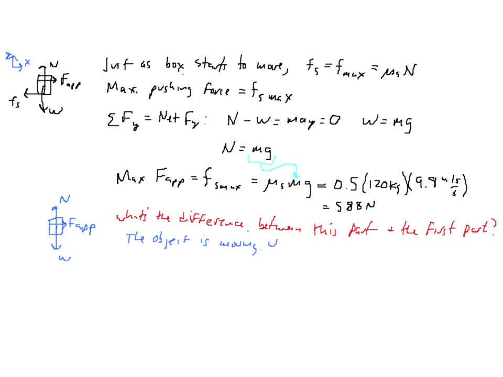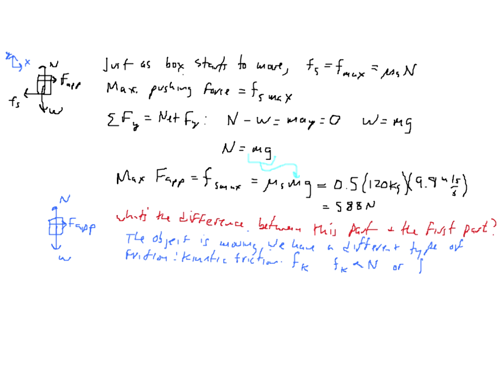So we have a different type of friction. And that's called kinetic friction, abbreviated F sub K. F sub K is also proportional to the normal force.